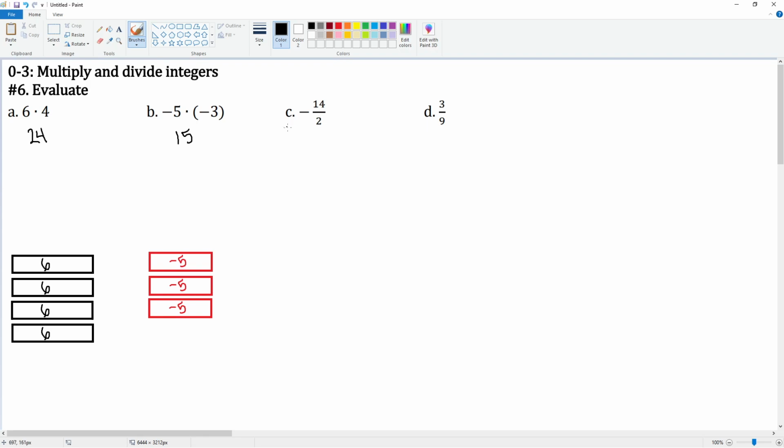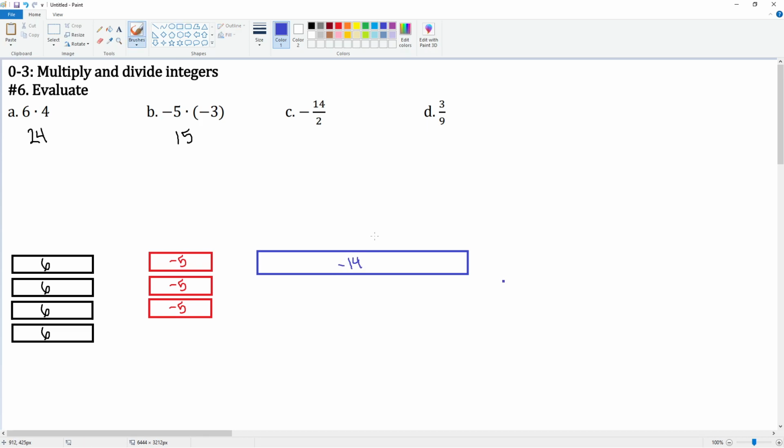Let's take a look at C here. We have negative 14 divided by 2. This negative can be seen as negative 14. So let me draw that visually for you. So here you have a negative 14 block.